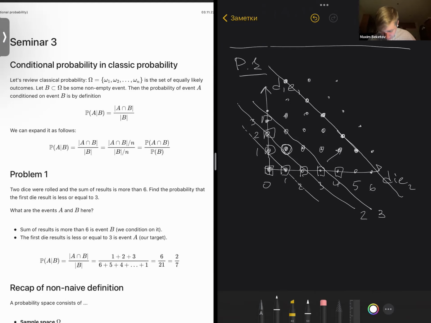Then you would have 3 and 2. I guess it's so 5 and 1, 4 and 2, 3 and 3, and so on. Yeah, that's correct. And then 6. Yeah, 6 and 1 would suffice.